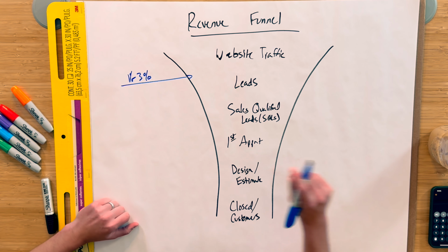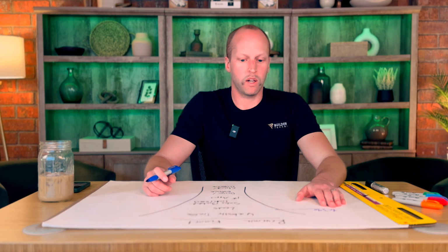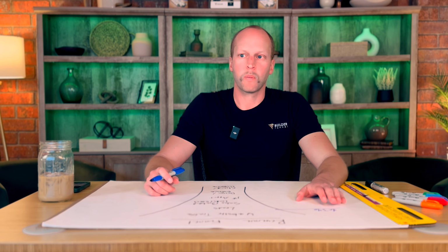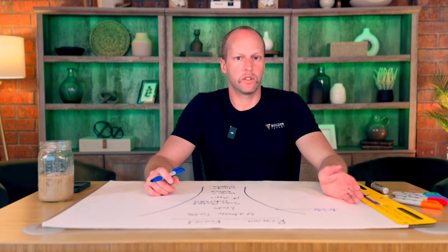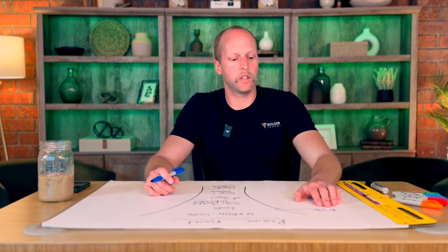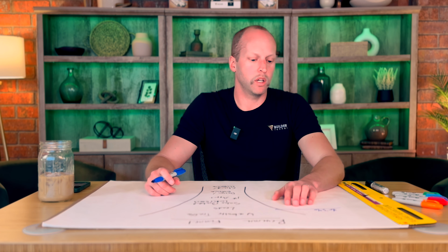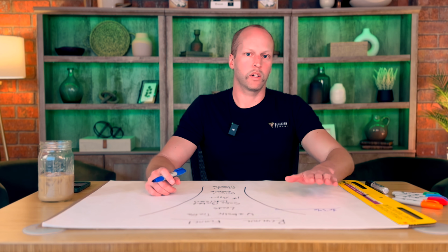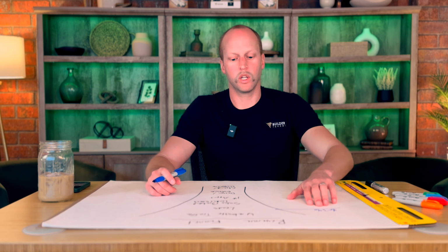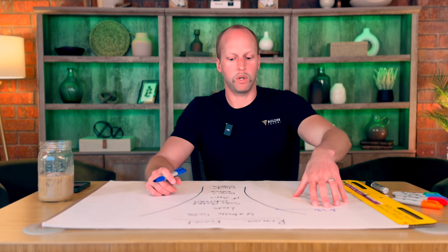It's kind of a good benchmark. Most remodelers and custom builders that we see before we start working with them are at about 0.5%. And so the goal is to move that up into this range. You can definitely get above this range, but if you're in this range, there's a good chance that you're kind of hitting some general benchmarks, and that may not be the problem.